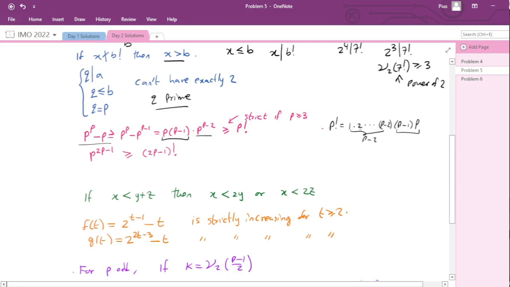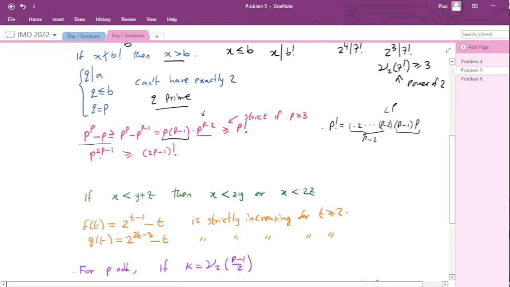If p is 2, then we don't have anything left, and also this will be 1, so nothing to talk about. We have equality. And if it's bigger than 2, that's from 3 and above, each of these is going to be less than p, in fact, because they cannot be equal to p. So p will be greater than each and every one of them. So we are actually going to have a strict inequality here.